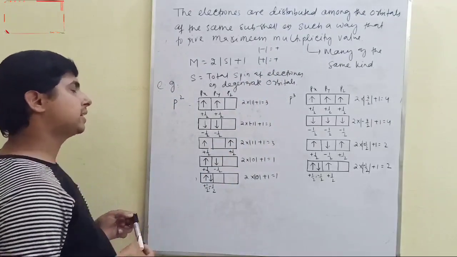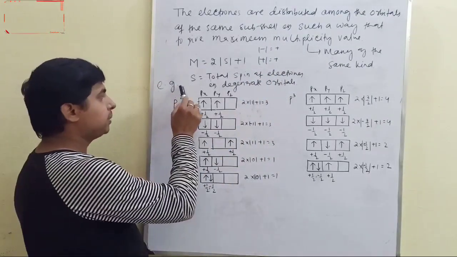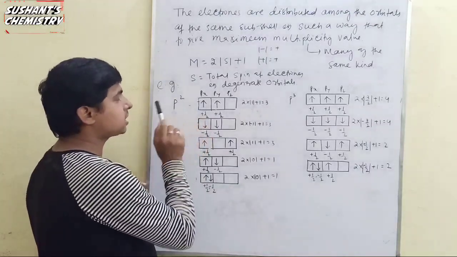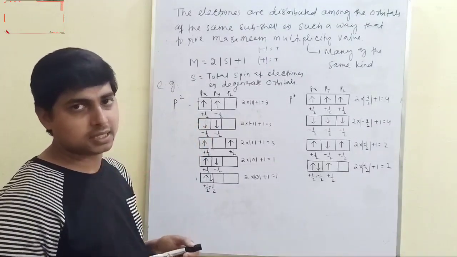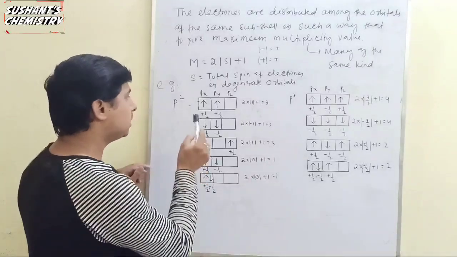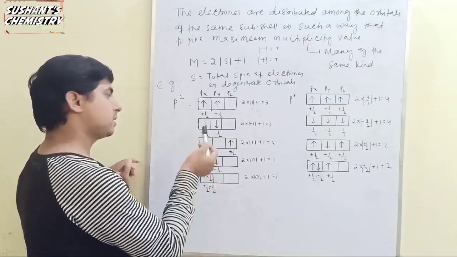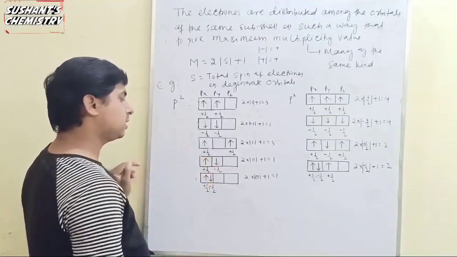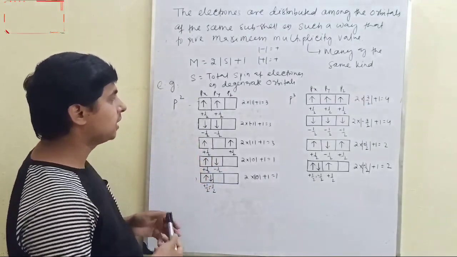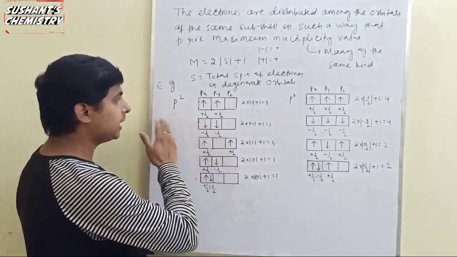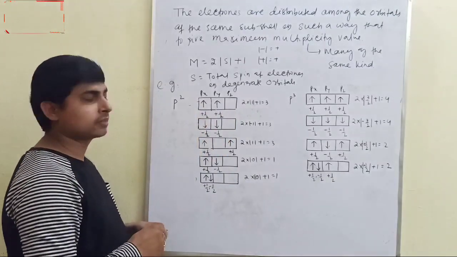By taking an example, first take the p2 configuration. Here the p subshell contains 3 orbitals, that is px, py, pz. Here the 2 electrons are distributed in this manner. This is the first arrangement, second, third, fourth and fifth arrangement. Here the 2 electrons are present in different orbitals with the same spin.